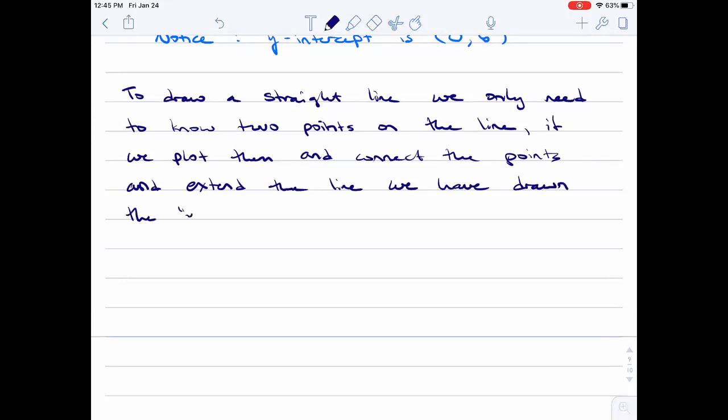I'll put entire in kind of air quotes here. Straight lines go on from negative infinity to positive infinity, right? So what I mean by entire is for the section that you're looking at.